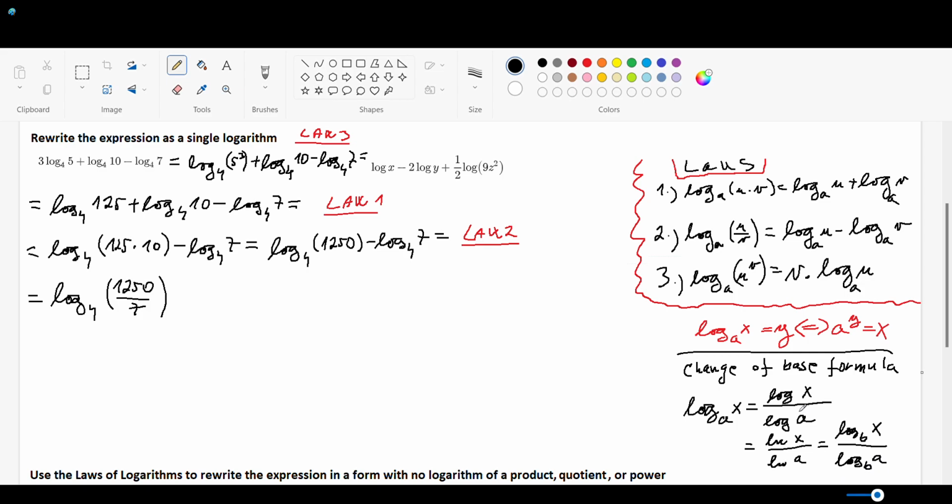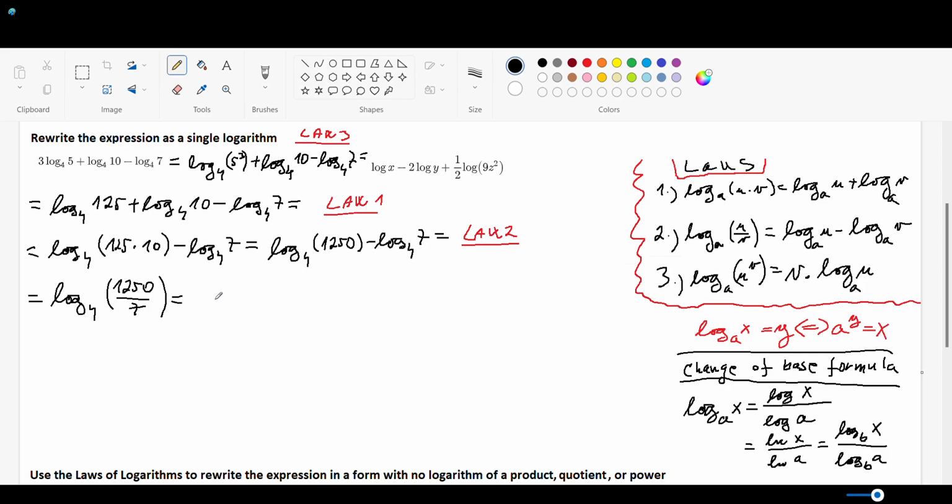The only important thing when you use the change of base formula is that you use logarithms with the same base in the numerator and the denominator. In the first case I used base 10, in the second case I used base e, and in the last case I used base b, which can be any number.